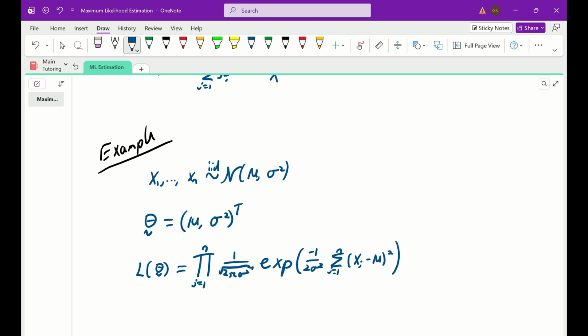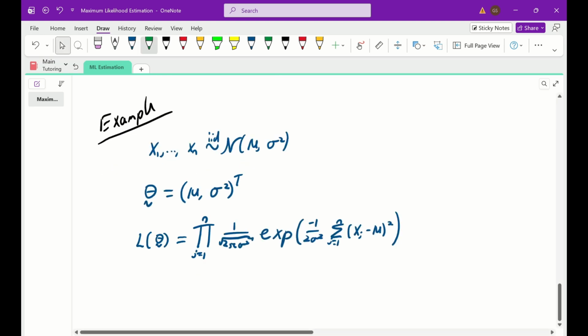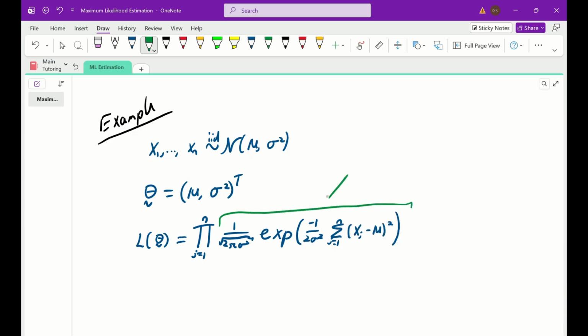Right, so this is the probability density function. So actually, I'll label it. This part here is the probability density function for data from a normal mu sigma squared distribution.